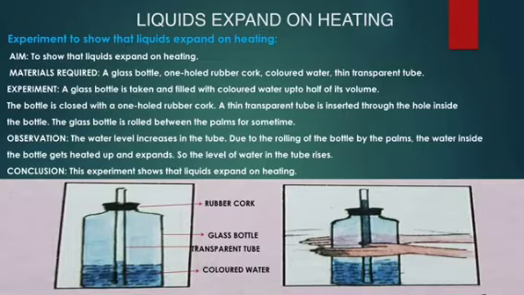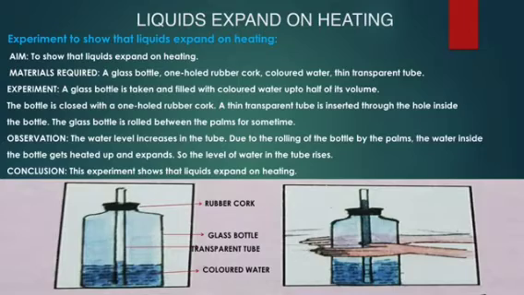A glass bottle is taken and filled with colored water up to half of its volume. Now take a glass bottle and fill it with colored water up to half of its volume. The bottle is closed with a one-holed rubber cork.